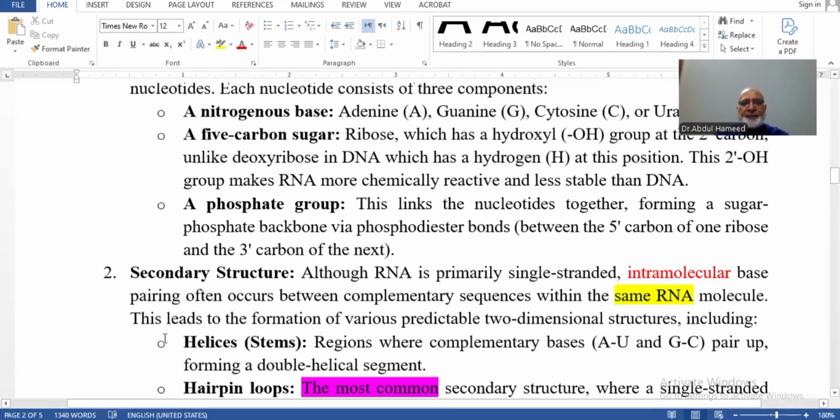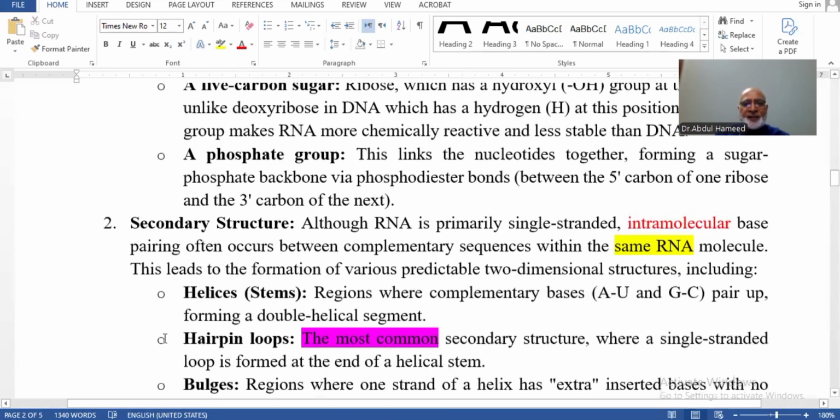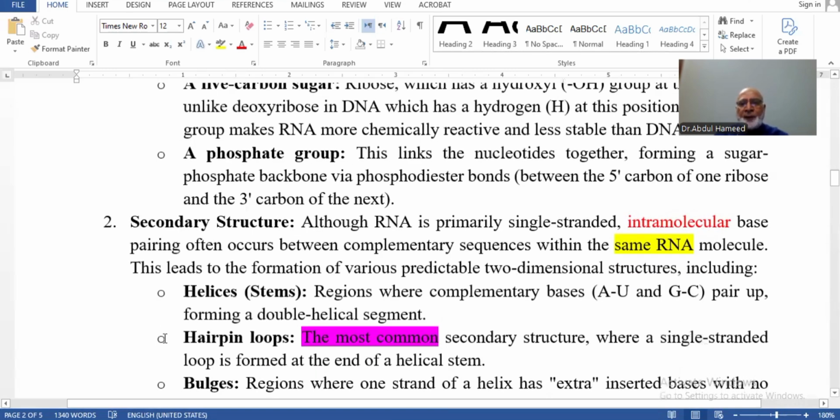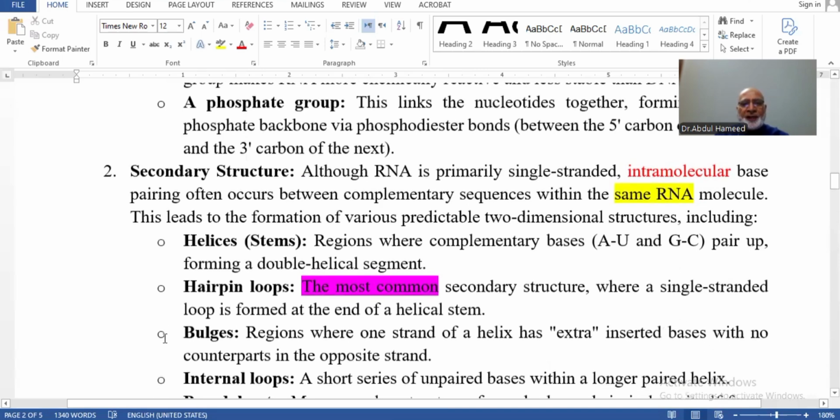So this folding, this secondary structure, may be of helices regions where complementary bases A, U, and G, C can pair up to form a double helical structure or segment. Hairpin loop, the most common secondary structure, where a single strand loop is formed at the end of the helical stem. So once again, pairing will be the same.